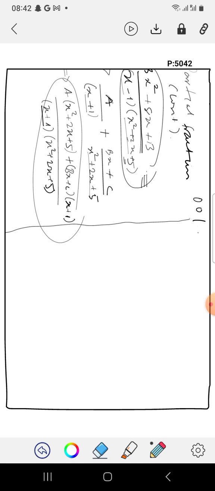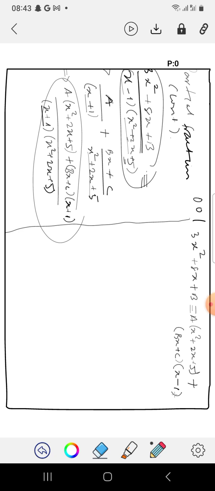So we now have 3x squared plus 8x plus 13, which is equivalent to A into x squared plus 2x plus 5 plus bx plus c multiplying x minus 1.